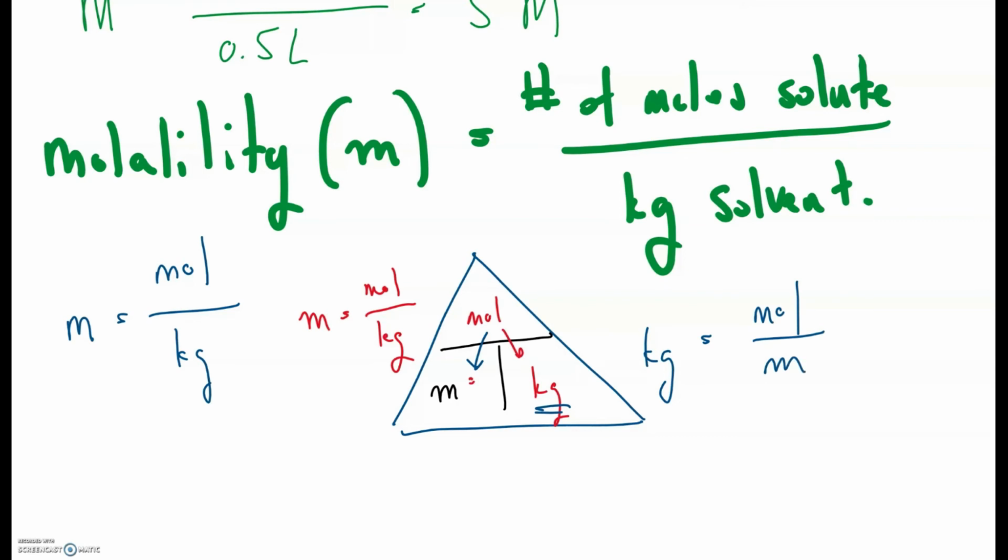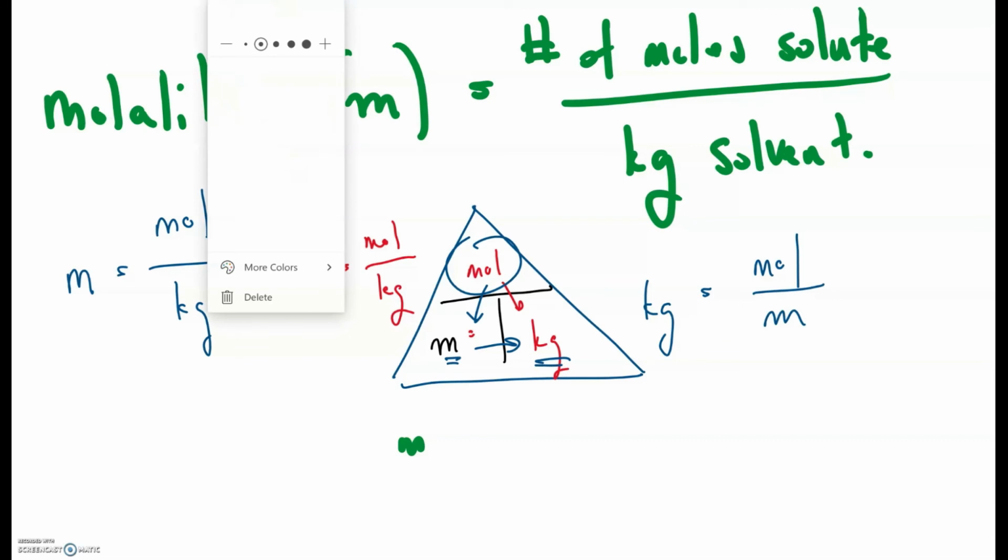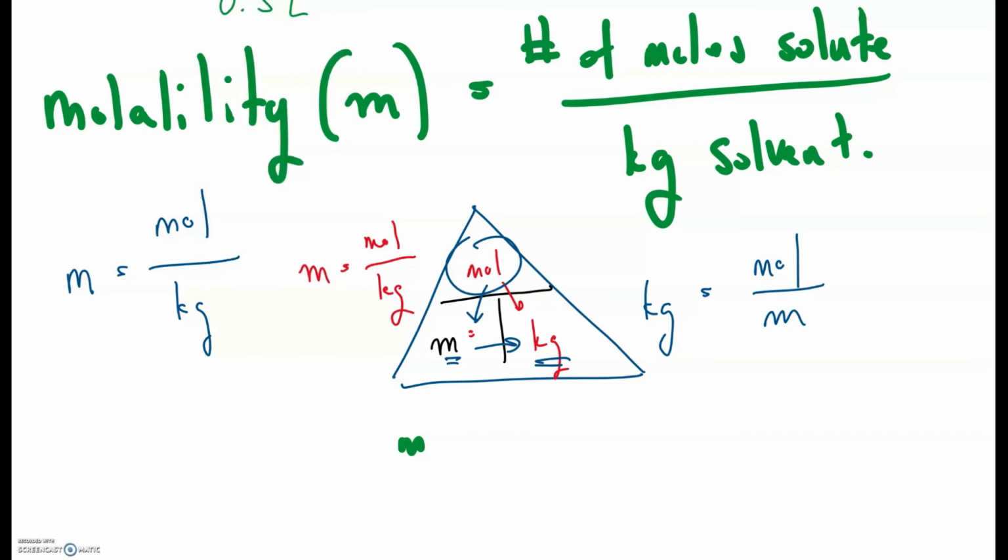And finally, if we wanted to find how many moles of solute we had, it's equal to molality times kilograms. I want to make that smaller, just so it doesn't take up so much space, you know what I mean? And it's not erasing, but that's okay.